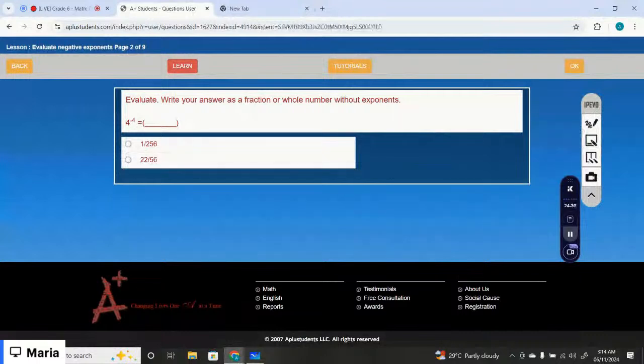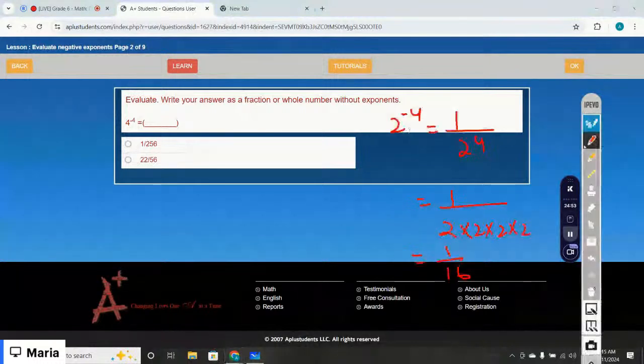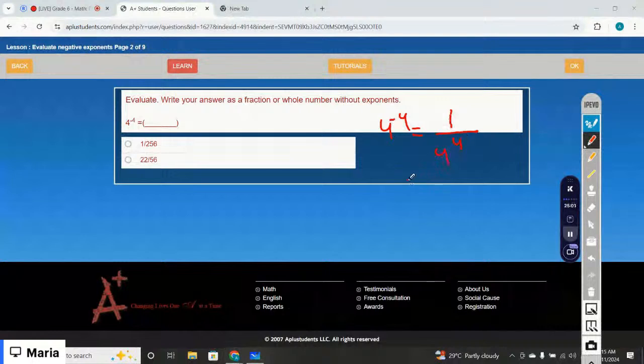Evaluate 4 exponent negative 4. So which is the correct option? The first thing is that is 4 exponent 4, right?